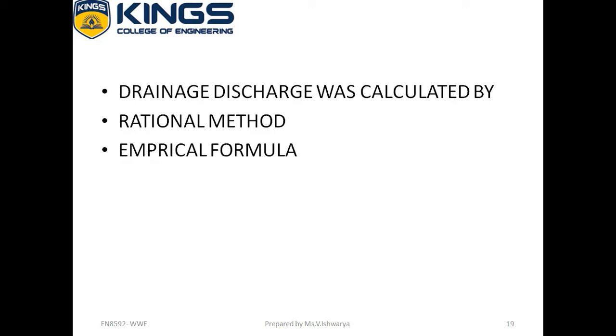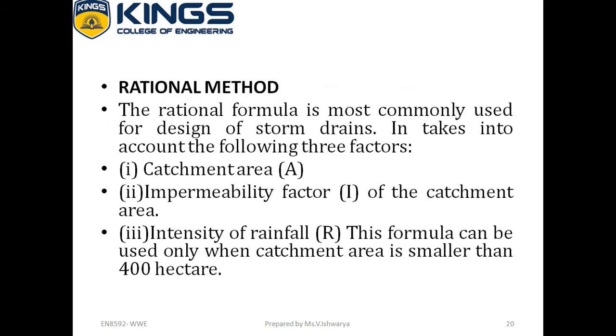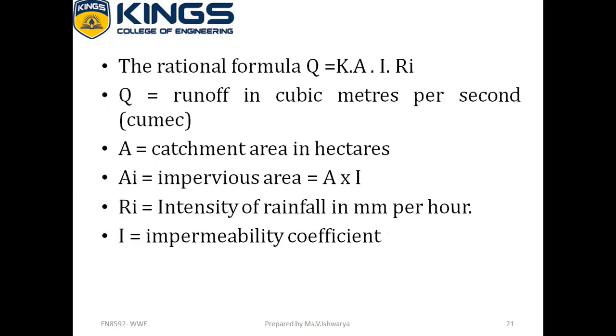So this drainage discharge is mainly calculated by two methods. First one is the rational method and second one is empirical formulas. The rational method is based upon three factors: one is catchment area, second is the impermeability factor of the catchment area, and third is intensity of rainfall. This can be used only when the area is less than 400 hectares.